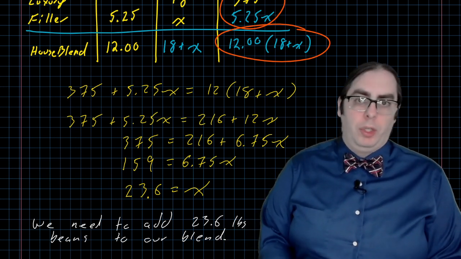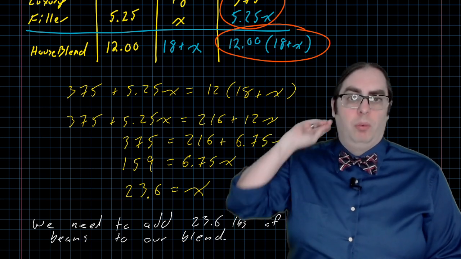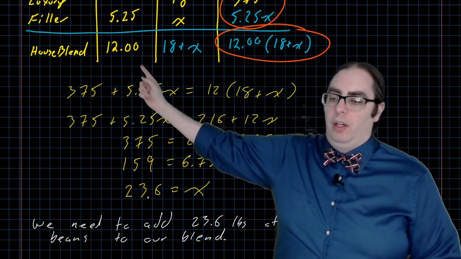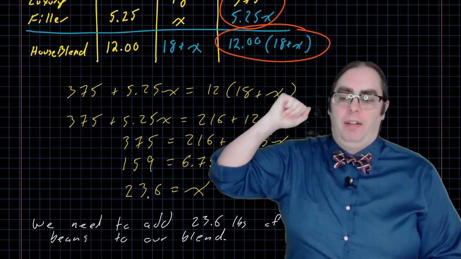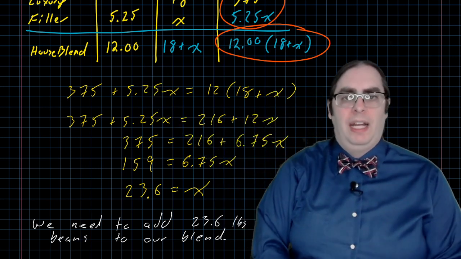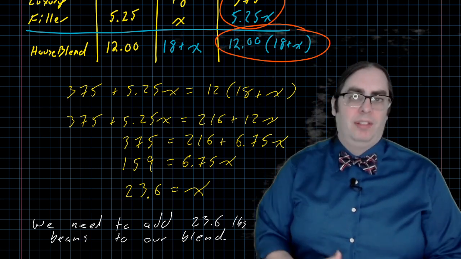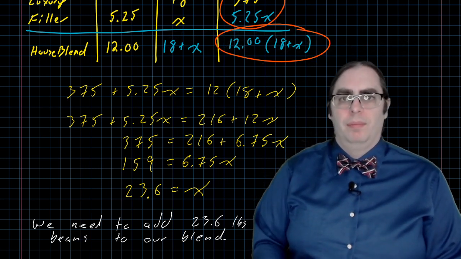Or it might be worse, we can only buy 10 pound bags, and we have to adjust our plan of making the house blend worth $12 a pound. But it's a starting point and it lets us continue that conversation.